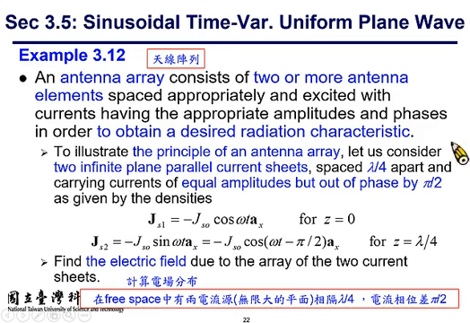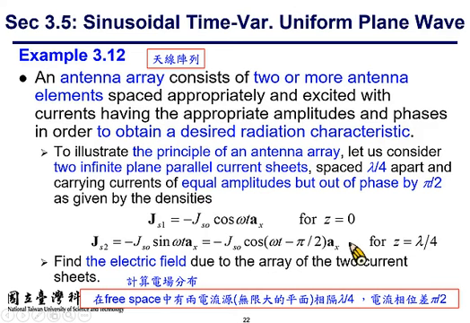And they both carry current of equal amplitude. However, the phase of the 2 currents differs by 90 degrees, or another way to put it is pi over 2, half pi radian.